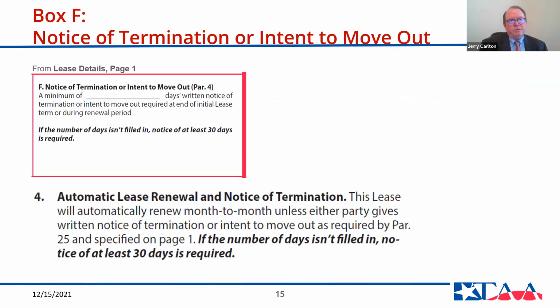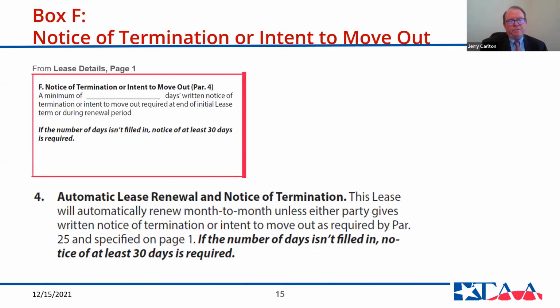The notice of termination or intent to move out is, let's see, this is intended to be the agreed period if there's an agreement to move out early. It is not to be used when you are relying on it if a tenant violates the lease and moves out early.